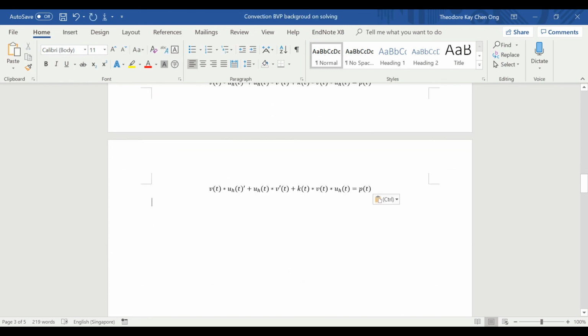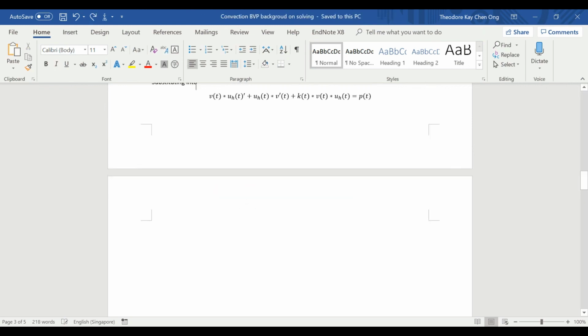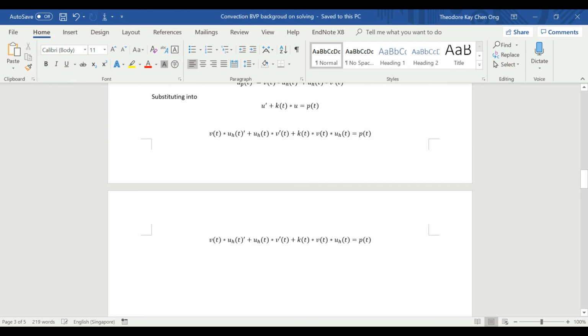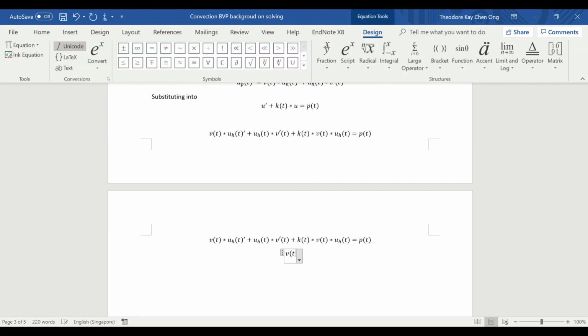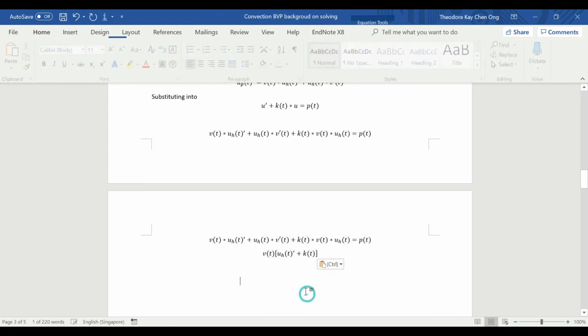Alright, I'm going to factorize the v(t) out. We get v(t) times (u_h'(t) plus k(t) u_h(t)), and both of these we kind of already know.